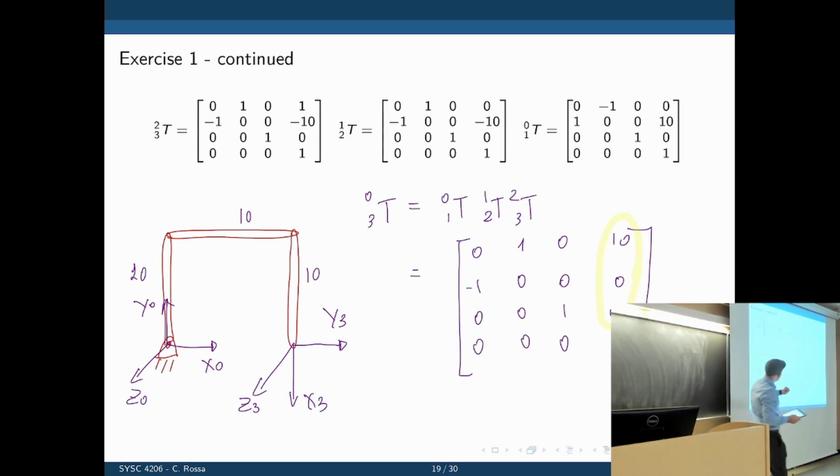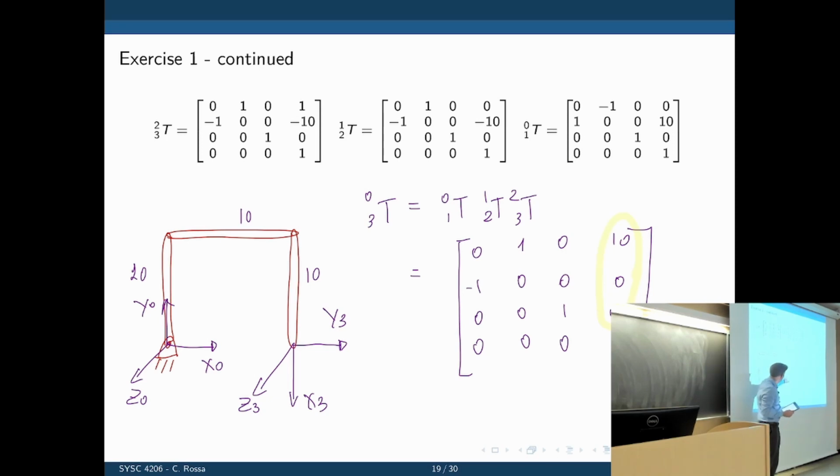So let's look at the rotation matrix. Is the rotation matrix correct? The rotation matrix is telling us the coordinates of x3 on frame 0 are here. 0 on x makes sense, they are orthogonal. -1 on y, since y goes up, they are going down. And 0 for z. And y is aligned with x0, excuse me, where 3 is aligned.